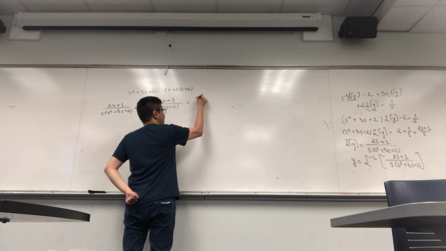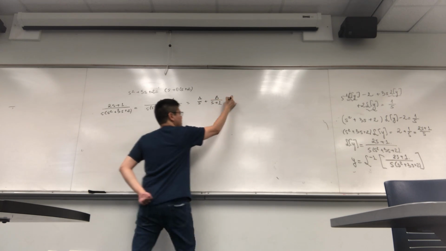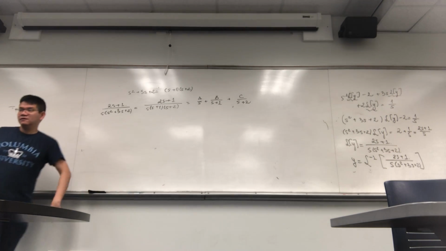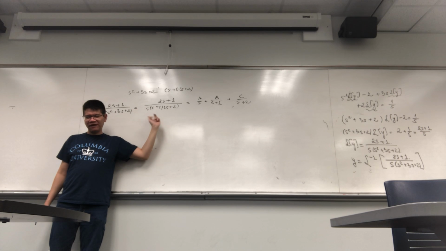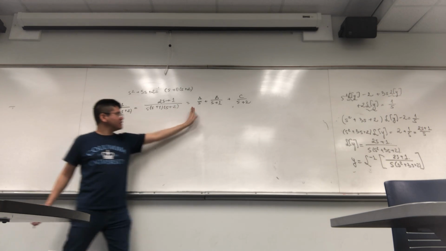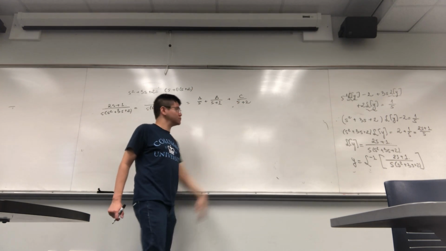So this gives me A over s plus B over s plus 1 plus C over s plus 2. Because on the left hand side you have s plus 1, s plus 2, this is why I split it like A over s plus B over s plus 1 plus C over s plus 2.